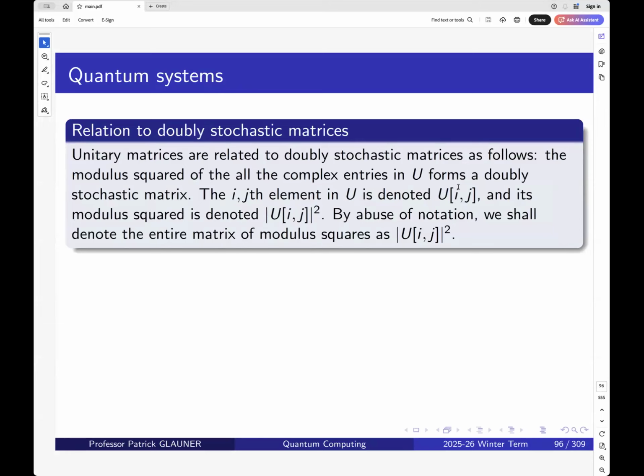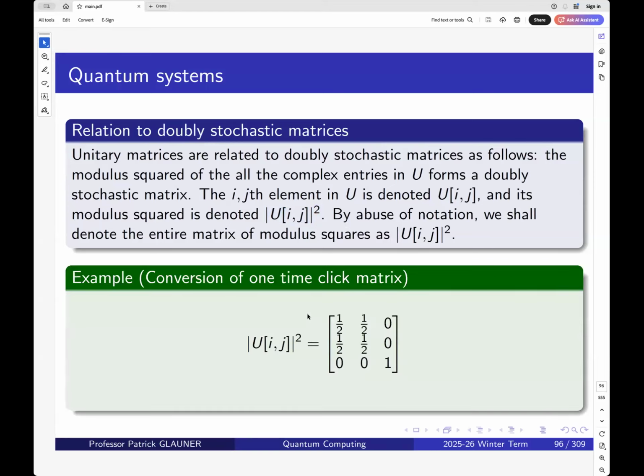And so we require that. It turns out that if we take our matrix U, our unitary matrix for quantum systems, and we calculate the modulus squared of every entry, so taking each entry and calculating the modulus squared of each entry, so it's not squaring the matrix, but we take index ij in our unitary matrix and calculate the modulus squared, and we do this for every entry, then we will eventually get a doubly stochastic matrix.